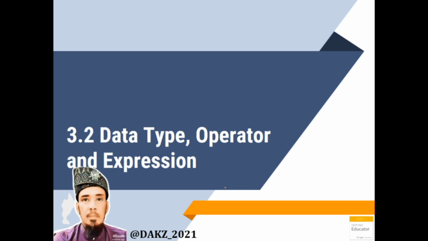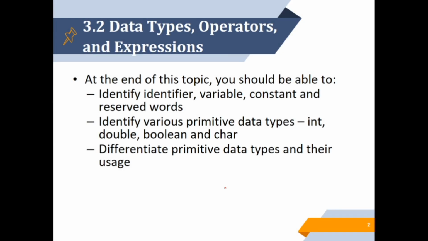I am Dr. Aizu. We are discussing chapter 3.2, data type, operator and expression. At the end of this topic, you should be able to identify identifier, variable, constant and reserved words. Identify various primitive data types, integer, double, boolean and character, and differentiate primitive data types and their usage.